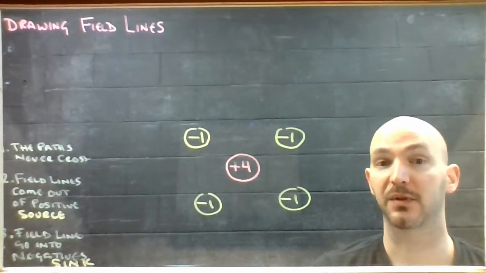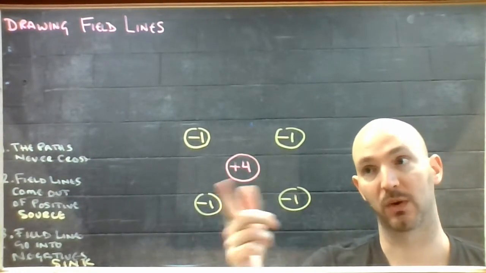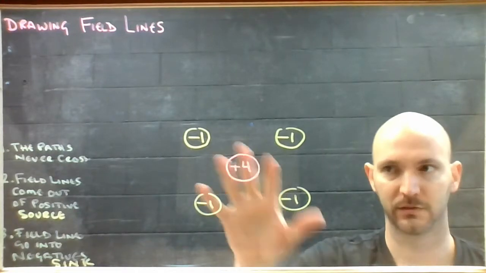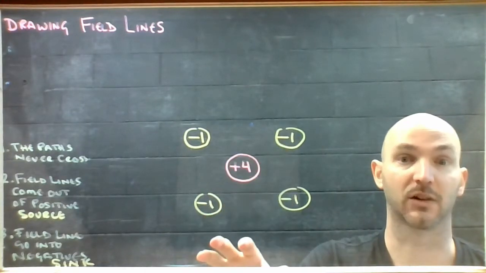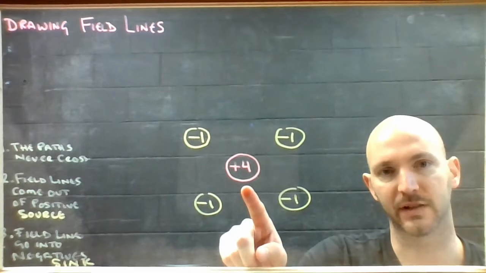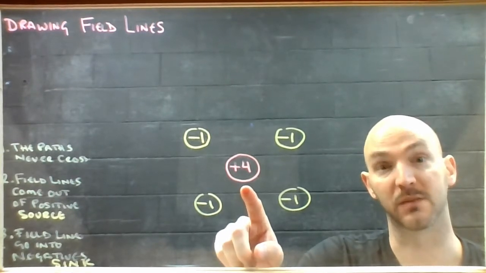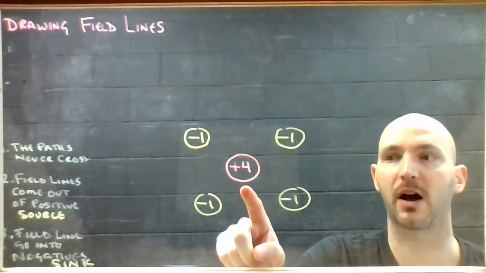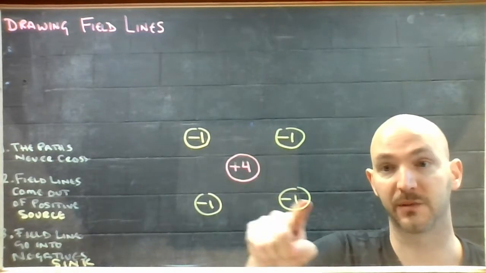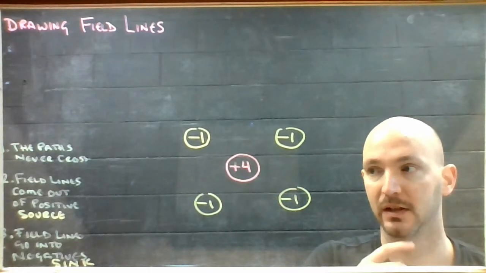So the difference between this diagram and the one before, notwithstanding that there are more bits, is that I have a charge here in the center that's more than one, right? It's 4 positive charges surrounded by 4 negative charges.